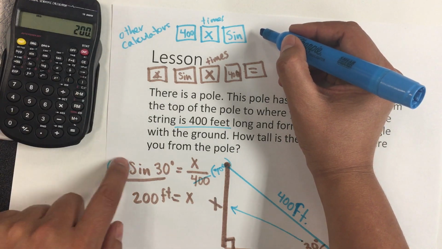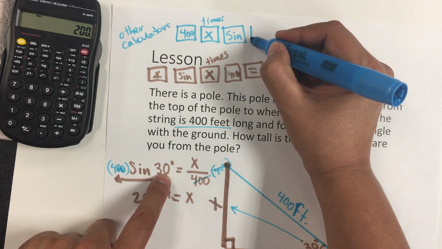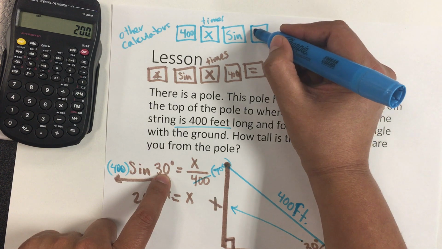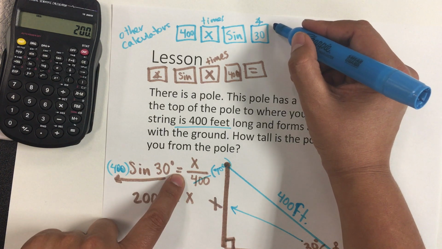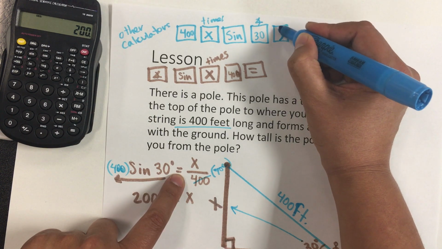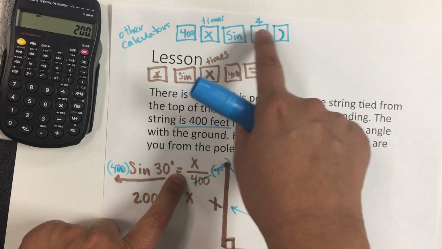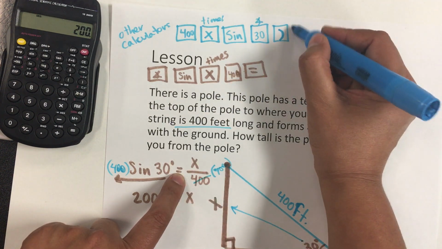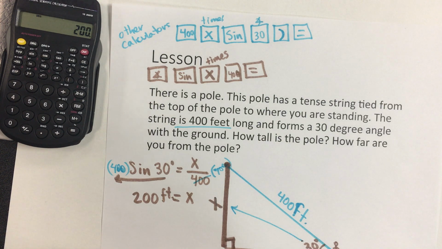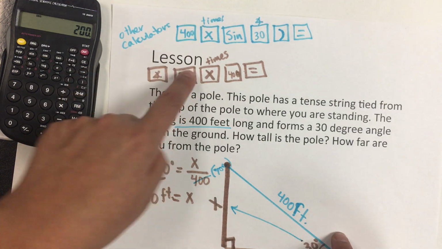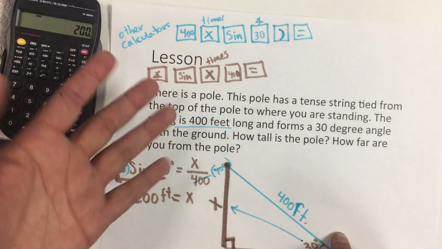Some people forget that this, you also need to put it in the calculator as times. And then after the sine, you put the angle measurement. So in this case, it's 30. For these ones, you have to close parentheses, because when you press sine, it opens a parenthesis and you put the 30, and then you have to close that parenthesis and then equal. Okay, so that's the order in which you have to put it in the calculator. Try both ways, and if you get 200, then that means that you will be using the right one.